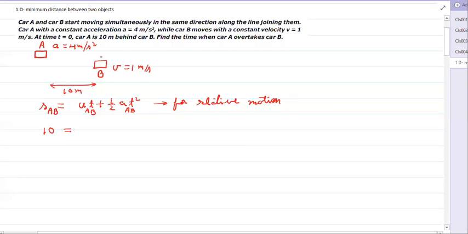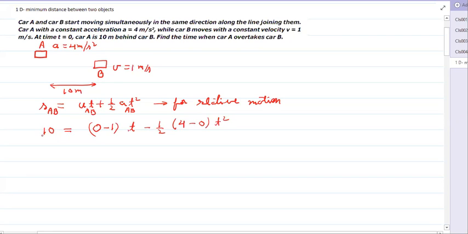So velocity of A with respect to B is 0 minus 1, sorry, not 4. 0 minus 1 into time t, and then half acceleration of A with respect to B. Acceleration of A is 4 and B is having no acceleration, so minus 0.